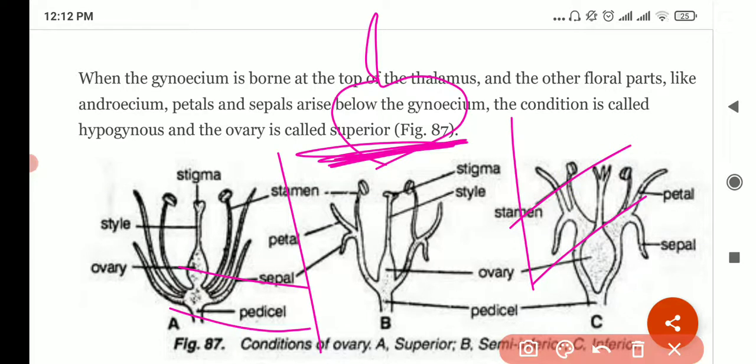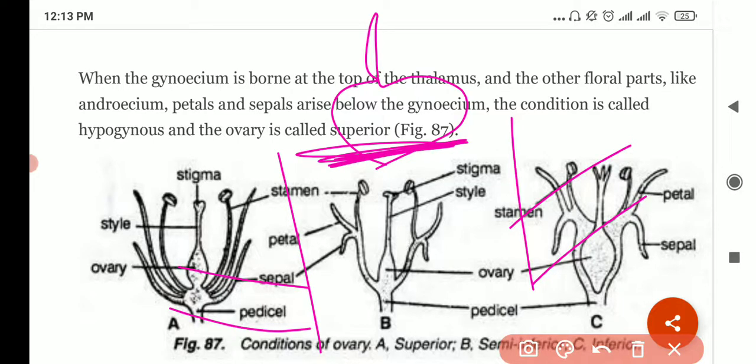So hypogynous means correlate with the word high. It's on the top. High means on the top. A high-rise building means a tall building. A high table means the height is high. So hypogynous means superior, because we are correlating hypogynous with the word high.